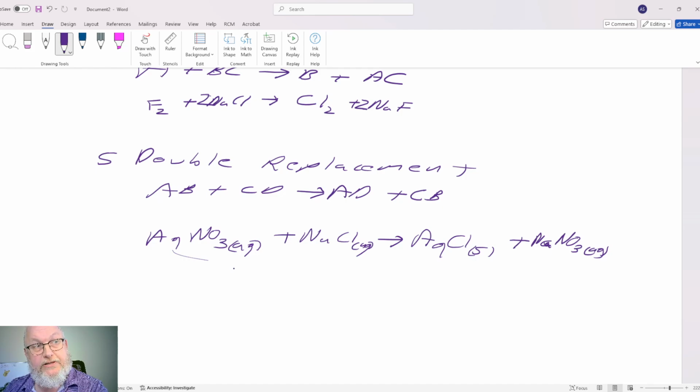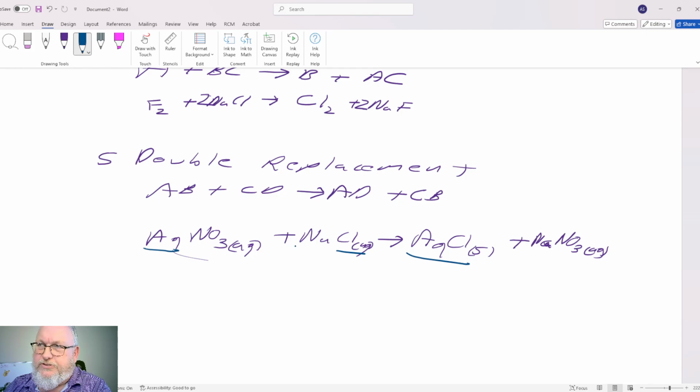They're called spectator ions. Now, what I do, let me change color here. I find out what my precipitate is, or what's my solid material. It's silver chloride. So that means this is doing something, that is doing something, but these guys are just hanging out. They're still ions.